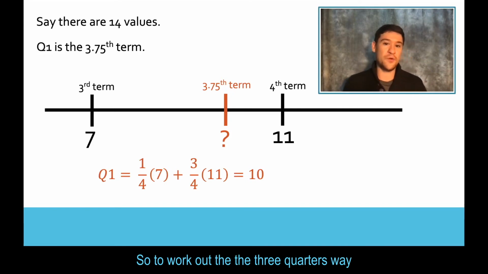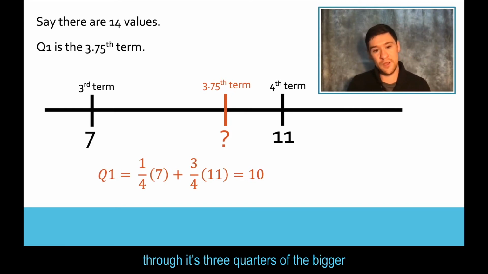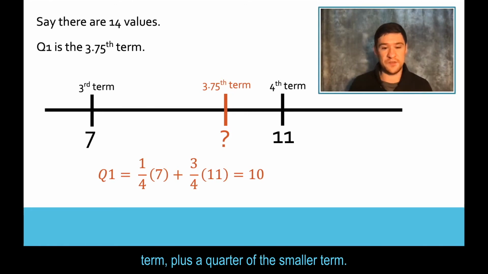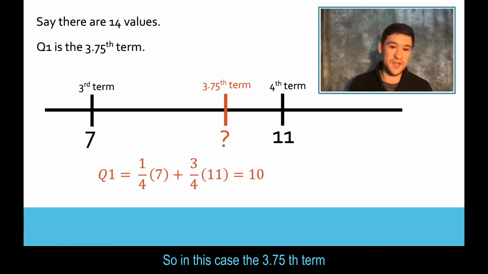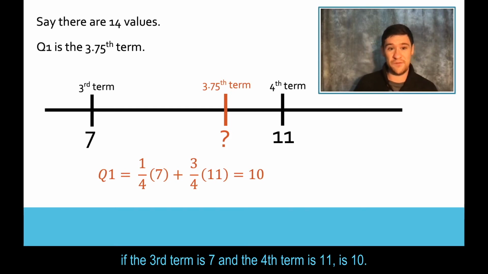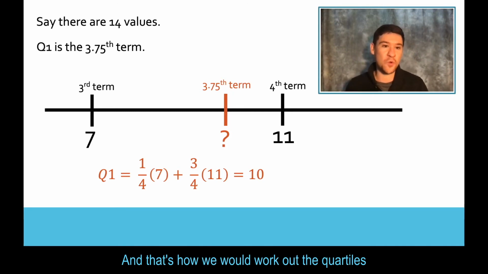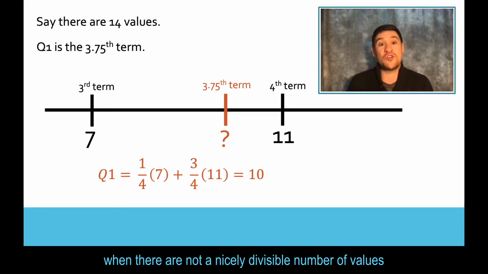So to work out the 3/4 way through, it's 3/4 of the bigger term plus a quarter of the smaller term. So in this case, the 3.75th term, if the third term is 7 and the fourth term is 11, is 10. And that's how we would work out the quartiles when there are not a nicely divisible number of values in our data set.